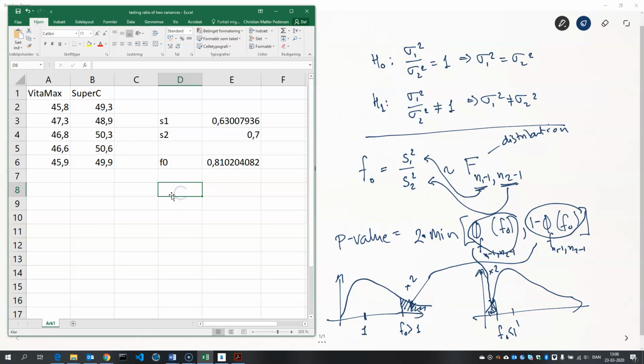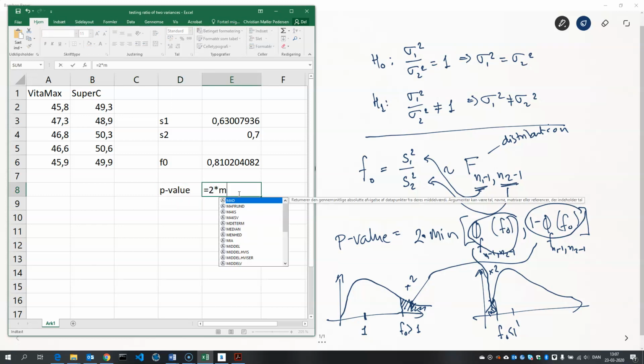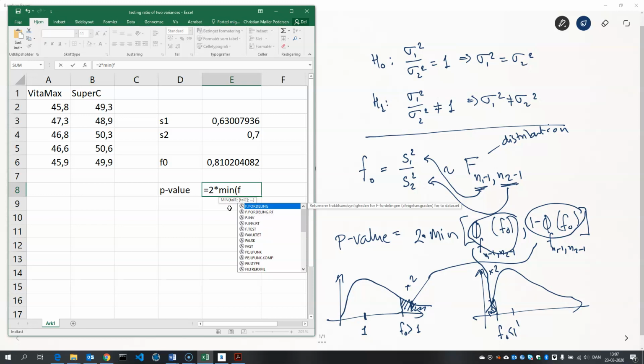Okay, so let's compute the p-value. Well, that's equal to 2 times the minimum of, and then the first number is, I need the cumulative F distribution, so I'll write F, and in English I'm sure it's F.DIST, but in Danish it's F fordeling.